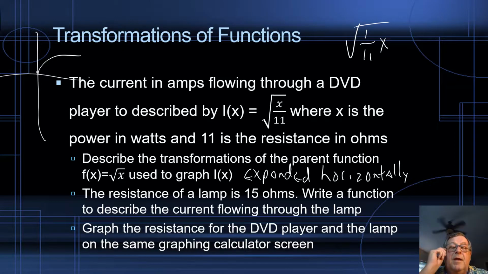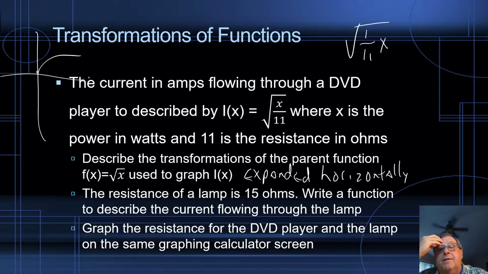All right, let's go to the next one. The resistance of a lamp is 15 ohms. Write a function to describe the current flowing through the lamp. So I is our current in amps.